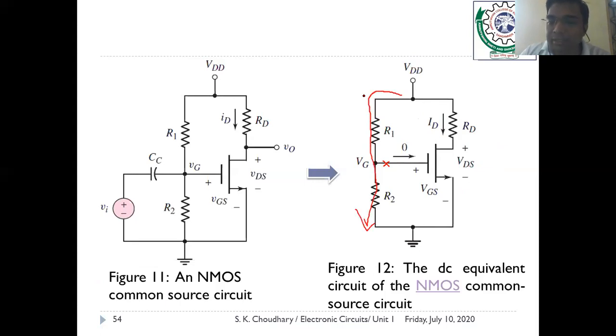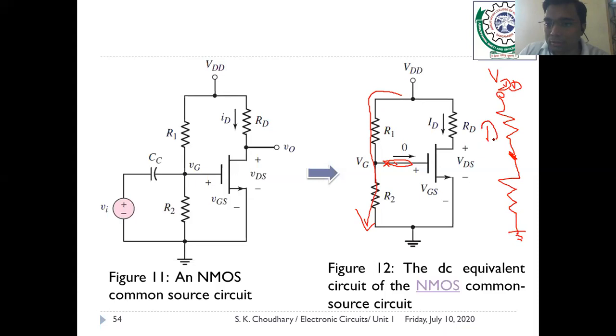Now R1 and R2 are connected in series, because this branch is absent. It is not present here because there is no current. So there is only one terminal, that is VDD, and from this terminal there are two resistances, with a partition in between, and then a ground terminal.